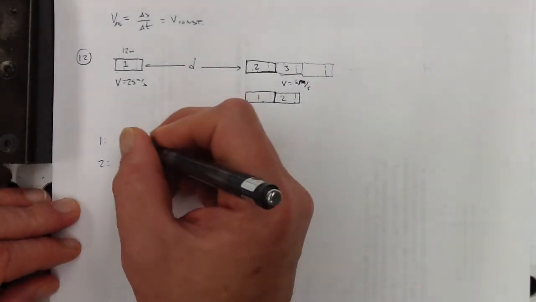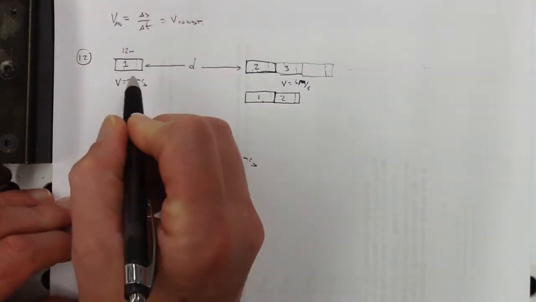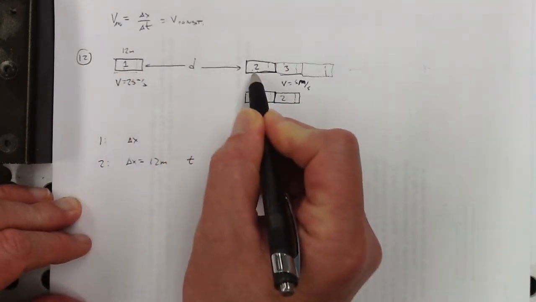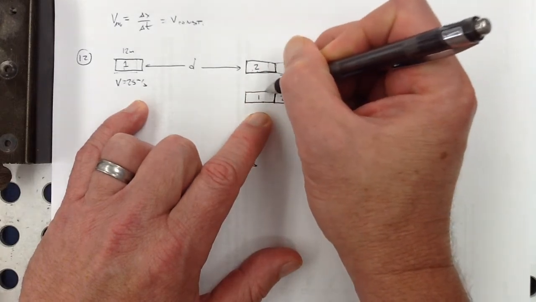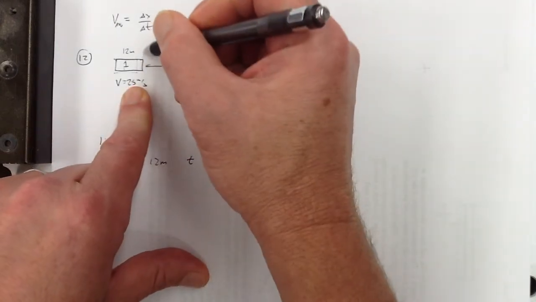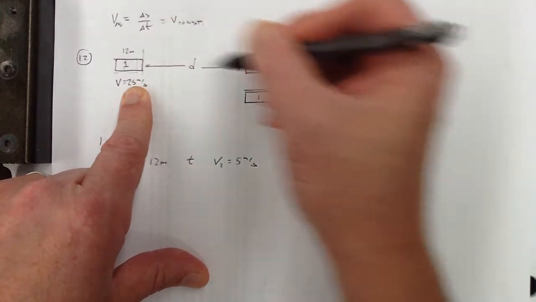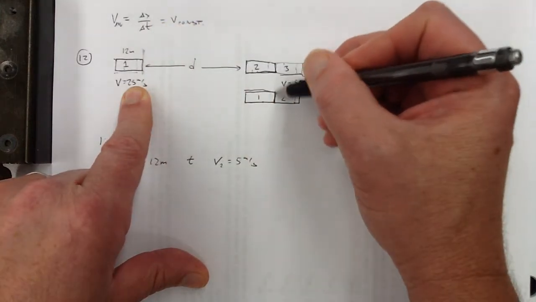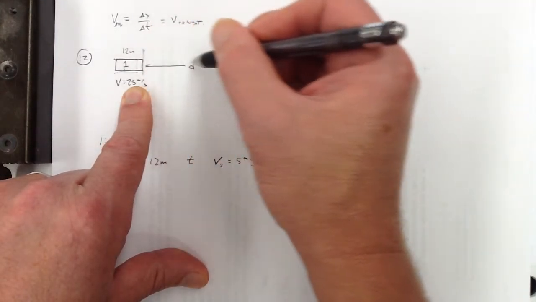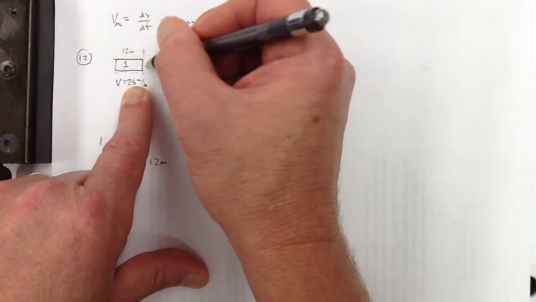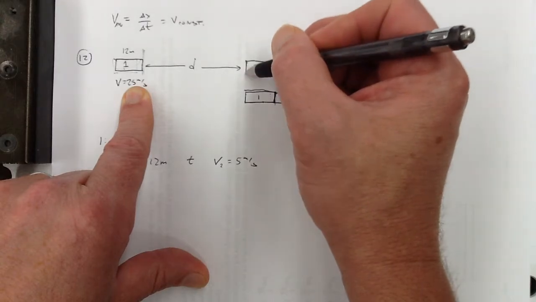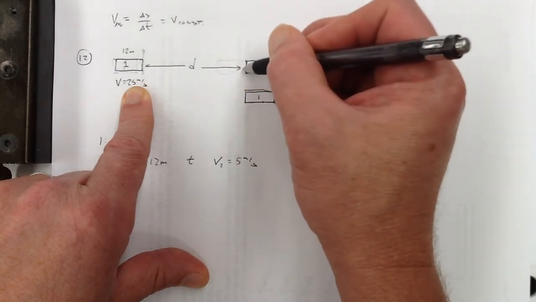Okay, car 1, if it's going to get from here to here, then the front of the car needs to get from here to here. And that's not just a distance of d, it really has to go d plus 12. If it goes a distance d, then it's going to be like here, right?